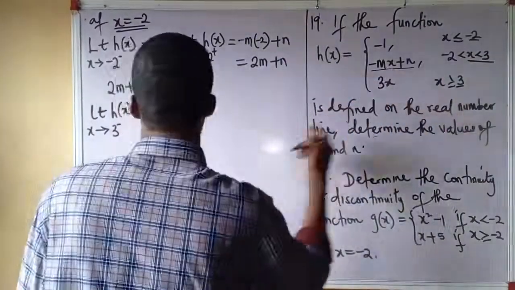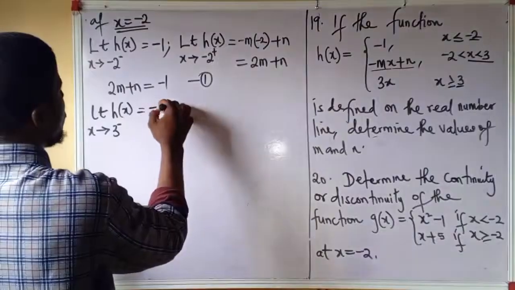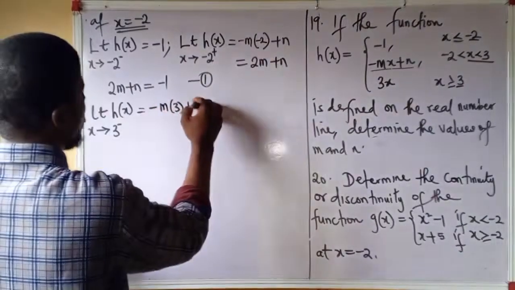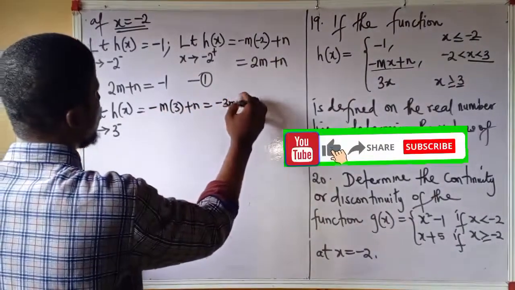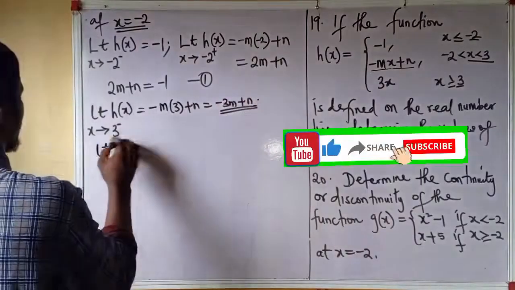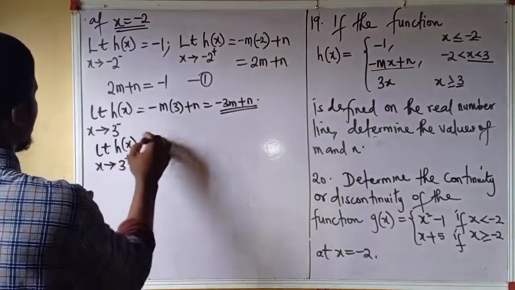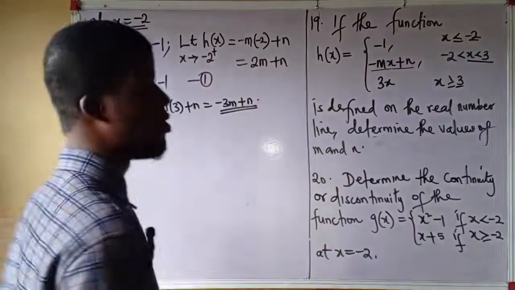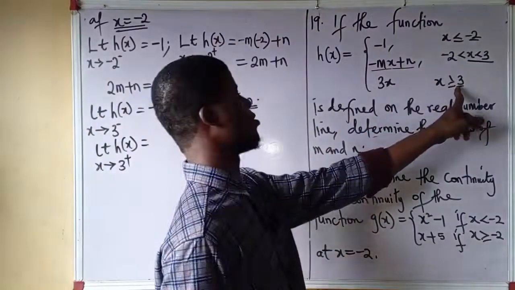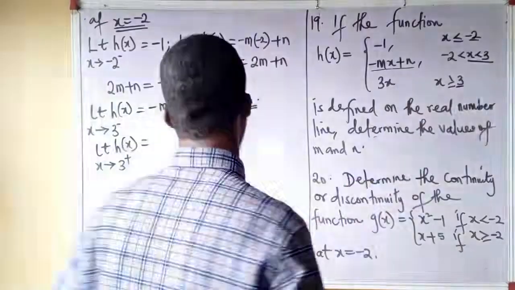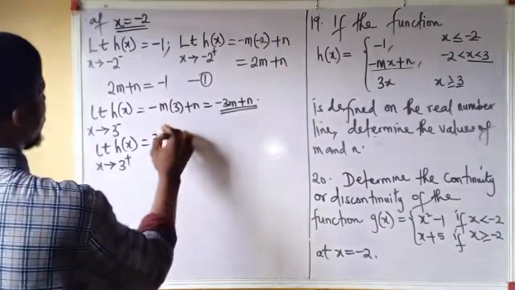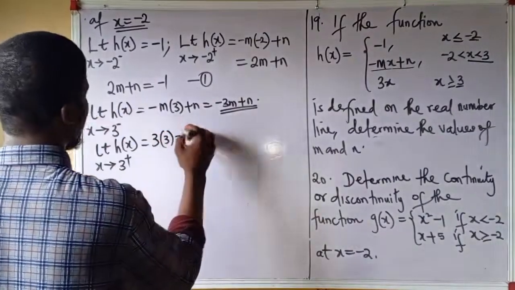Anywhere I see x, I'll write 3. So that will be minus m into 3 plus n, which is minus 3m plus n. What is the limit of h of x as x approaches 3 from the right? That is where x is greater than 3. We use this function because this is where we have greater than 3. So I'll write 3 in place of x, that will be 3 into 3, and that is 9.